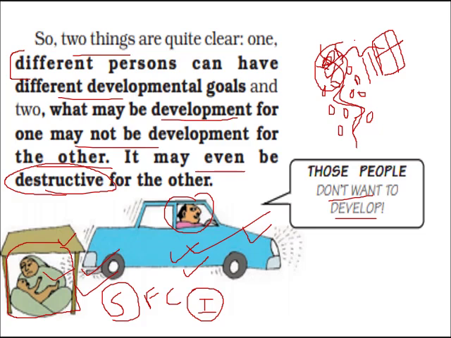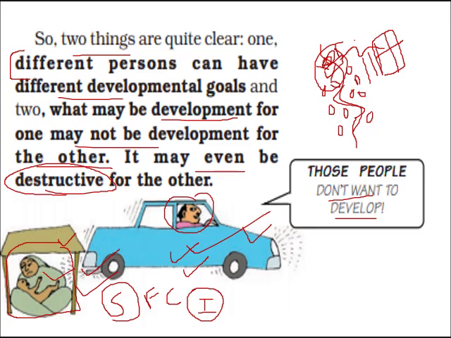But it is not impacting the urban area. It is not destruction for the urban area. For urban areas, it is development in terms of hydropower or hydroelectricity. But for the rural area, for the people living near the river, it is destruction.